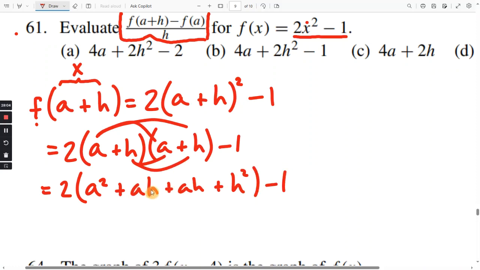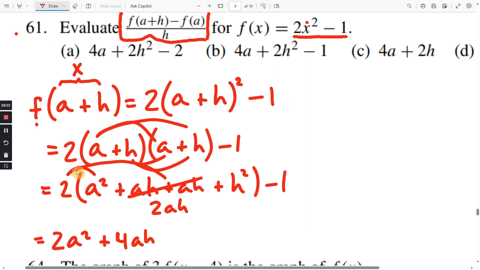ah plus ah is going to be 2ah. And distributing the 2, a squared, 2 times 2ah gives us 4ah. And 2 times h squared is 2h squared. And that's minus 1. All right, and I'll do minus f of a in a different color.